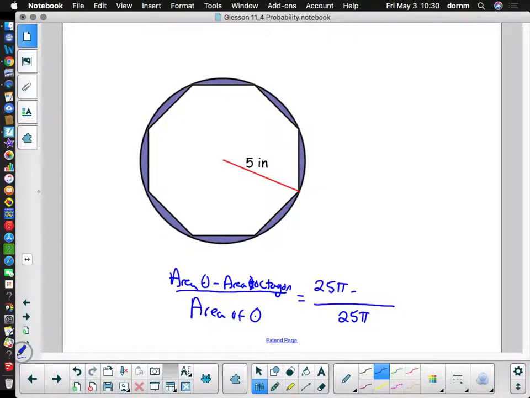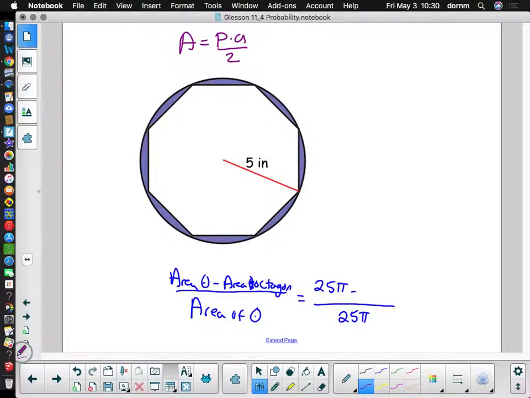Whenever we find the area of a polygon, this is kind of a review of what we've done the last couple of days. The area of a polygon is perimeter times apothem divided by 2. I only know the radius, but that's okay.